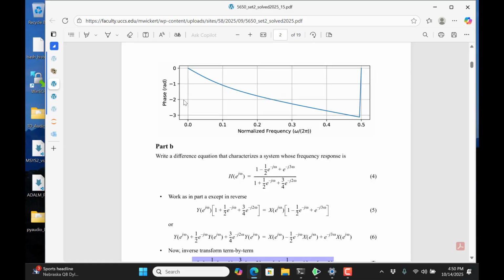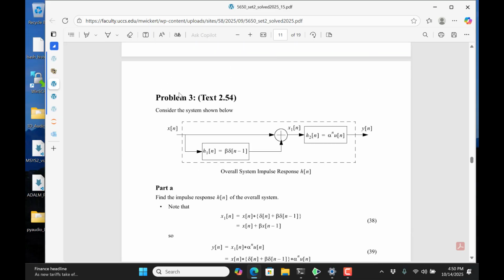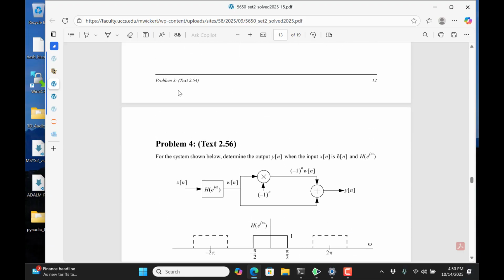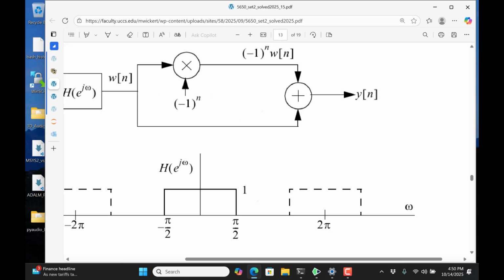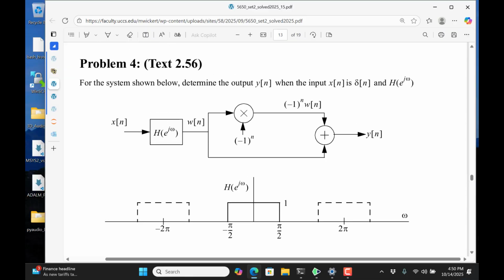So this was the bonus problem. This one, right? Yeah, I think so. Okay.